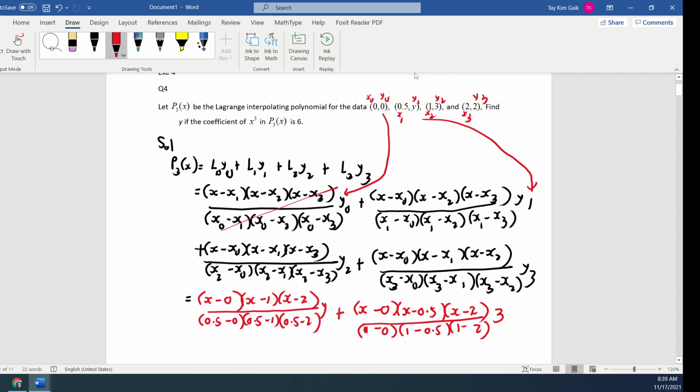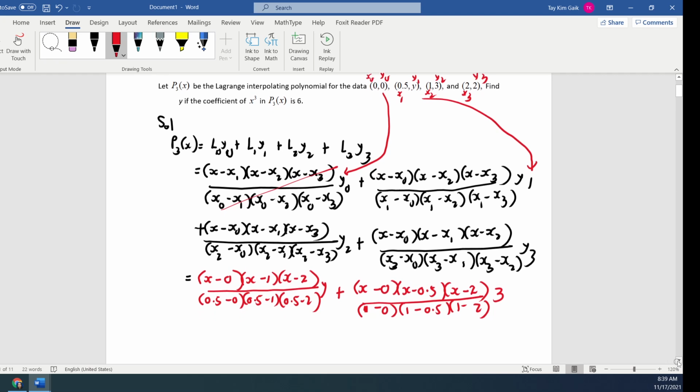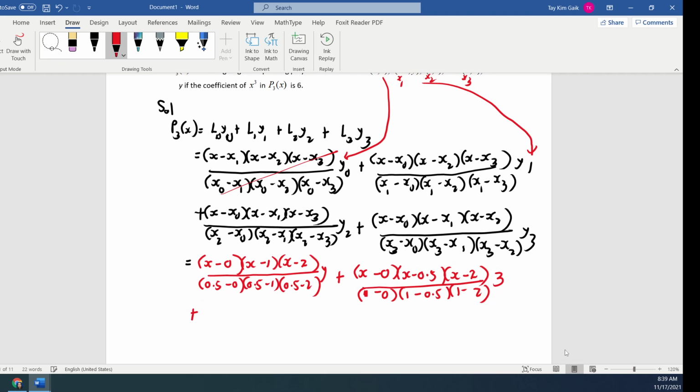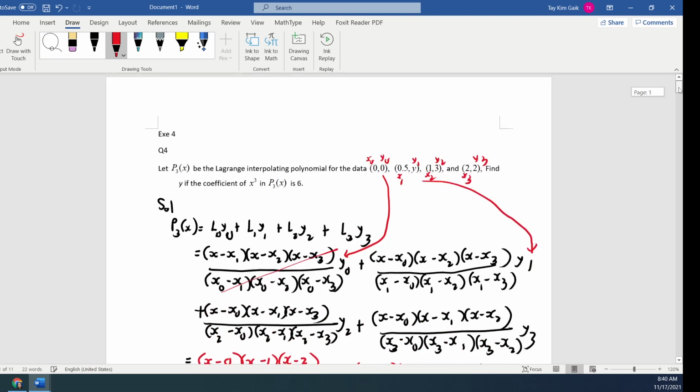For L2 here, so x minus 0, x minus 0.5, x minus 2. When your L2 is standing at this point, you minus the other three points, not from 1 and 3 here. And then the last term: x0 is 0, x1 is 0.5, x2 should be 1, not 2.